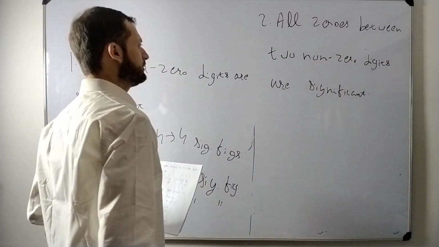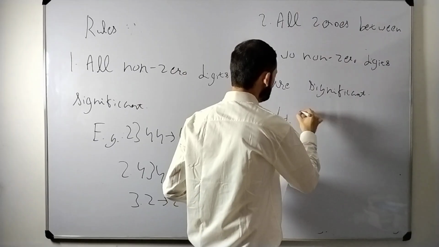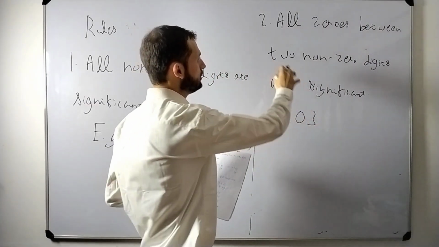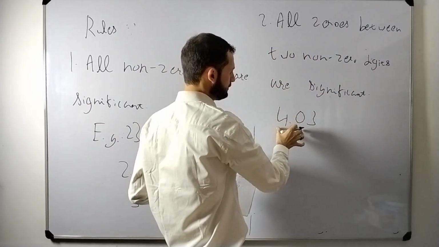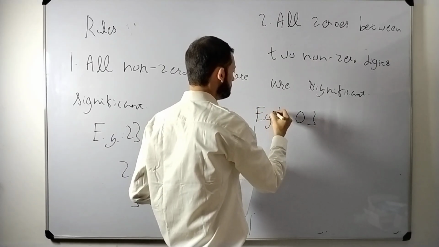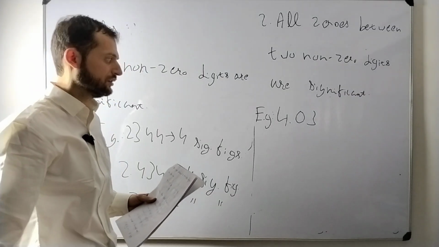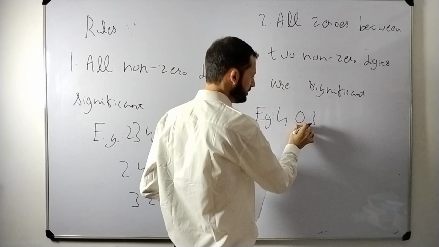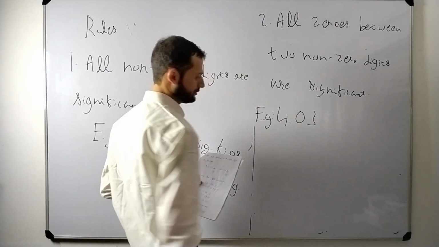So, sir, would you explain please? Anything between, you have all zeros between 2 non-zero digits. So for example, you have 4.03. You see, 0 is not actually important here, but the 3 is actually making it very important here.